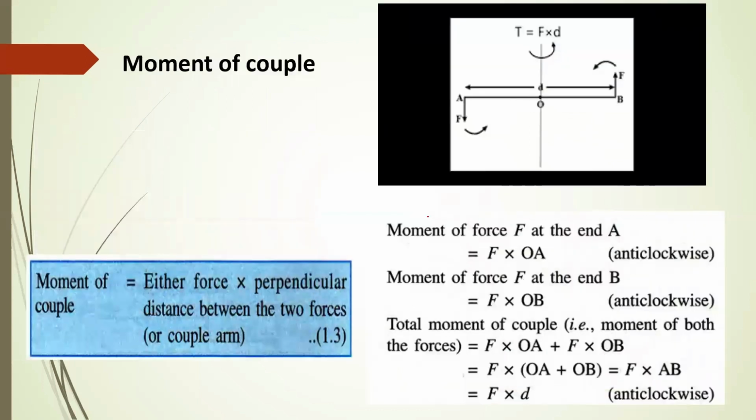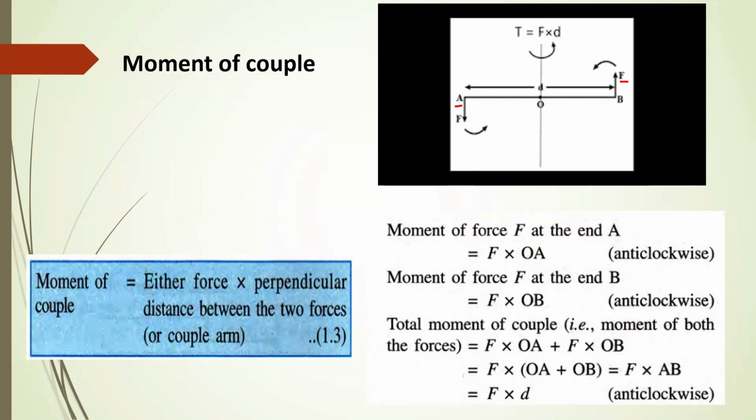Then how do we get the moment of couple, or turning effect of couple? Consider a rigid rod, let's say AB, and I'm applying force F at A and force F at B. Now, if I have to calculate the moment of force at end A, how will I calculate? As we've studied earlier, it is the amount of force into the perpendicular distance.